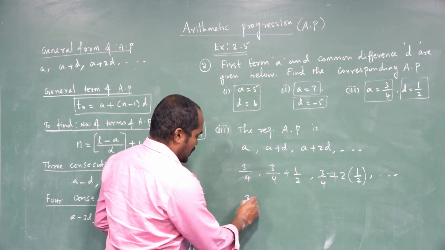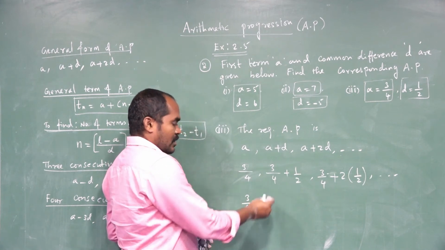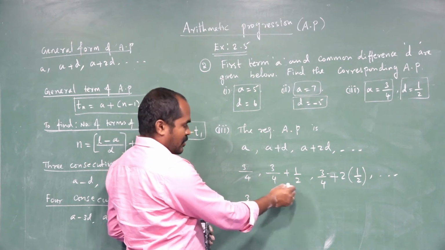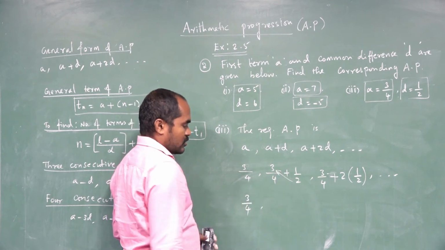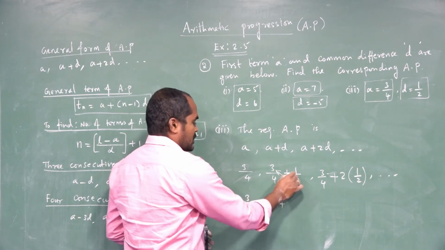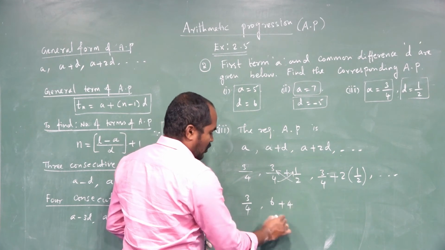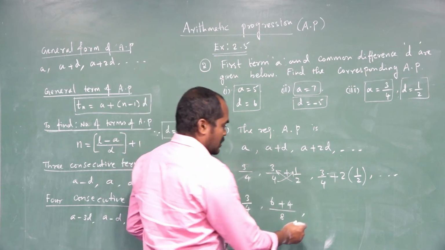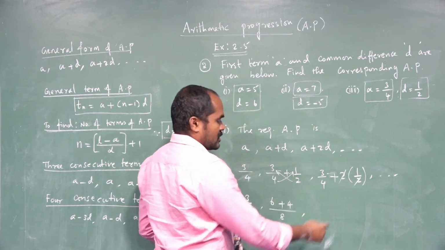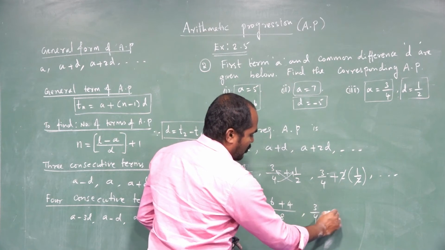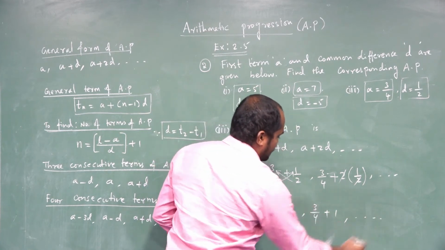So that is 3 by 4, and we make the denominators the same. 2 into 3 is 6. 6 plus 4 into 1 is 4 by 8. 6 plus 4 by 8. So here 2 cancels, means this becomes 1. So 3 by 4 plus 1, etc. Right?